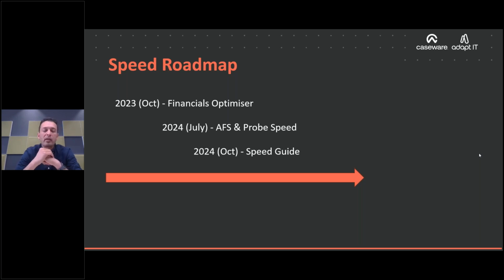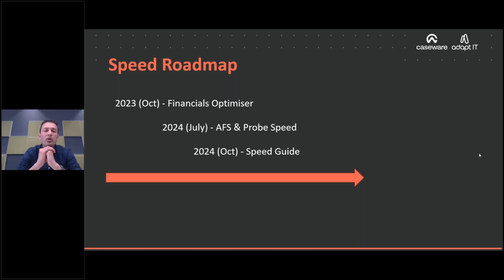So we rolled that change out last year, where we suggest to you when you launch the screen what should not be in the file, either because it's not on or it has no figures. So we're going to recap a bit on the financials optimizer. That benefit you should already be receiving if you're on the 2023 template.